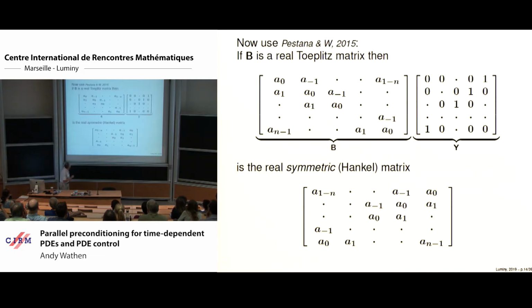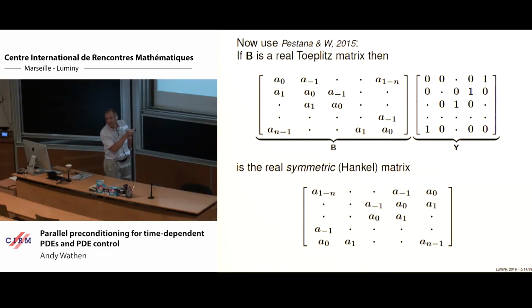Once I have a real Toeplitz matrix, I'm prepared to use what Jen Pestana and I established four years ago. The very simple idea, which has been well known for a while, is that if you use this flip matrix, you can see the identity written the wrong way around, standing on its head, and you apply Y, this is what I call the flip, to B, then you get a matrix for which the constant diagonals go the other way.